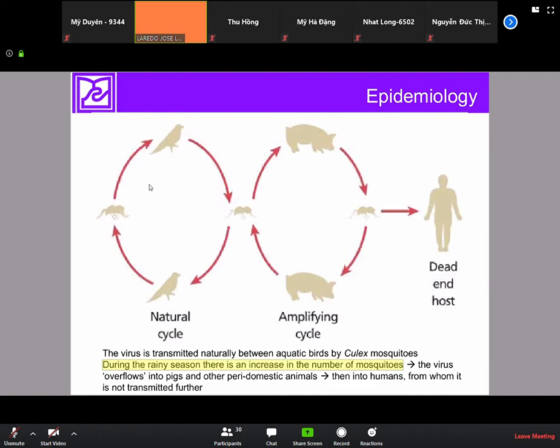So humans are exposed to mosquitoes infected from pigs, not from the birds. From the birds, it's very unusual because the birds live in the forest. So humans become infected because the mosquito feeds on the pigs. This is the amplifying host, the pig.